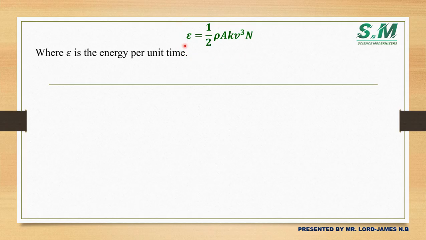So if you use E as energy, then this expression which you see here will not be homogeneous. So E is the energy per unit time, so we need to be very careful with this statement.